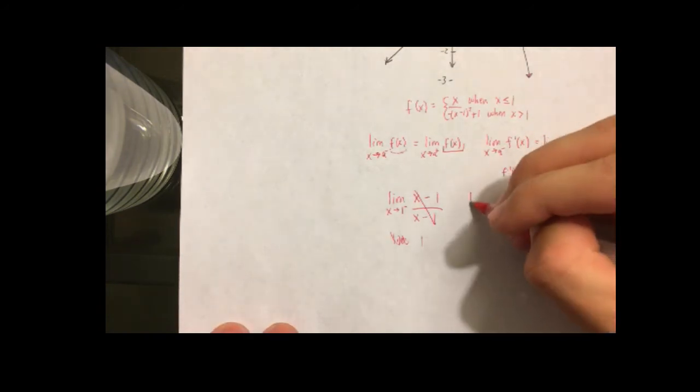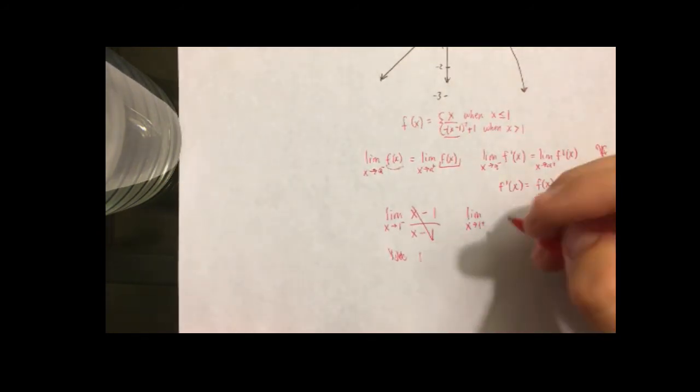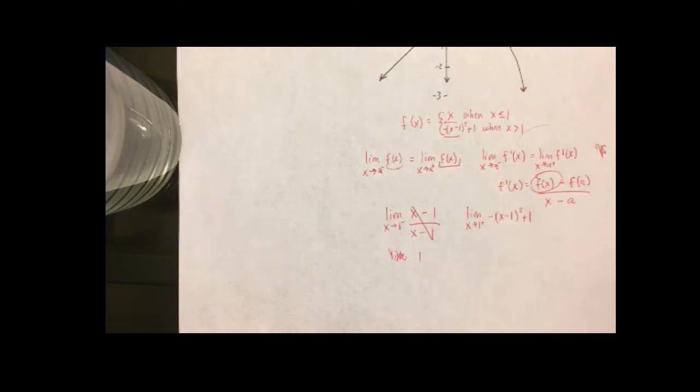We're going to do the same thing for the right here, so we're going to do the limit as x approaches 1 from the right, f of x, which we're using the quadratic equation, so negative quantity x minus 1 squared plus 1. Then we're going to plug in the value a, which is 1.